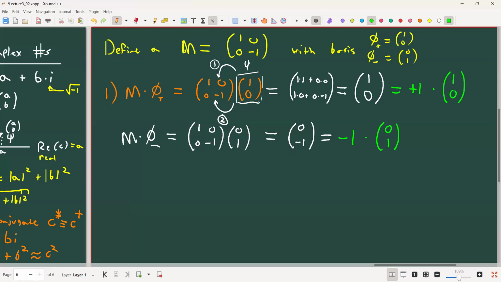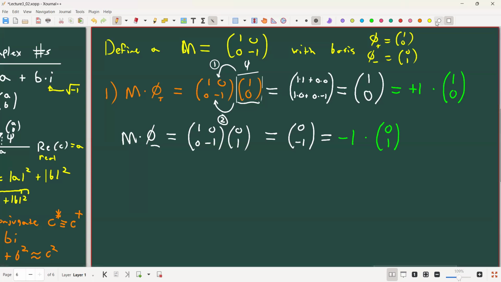So now we have a new structure on the outside. Now what's happening is that it's not rotating the state, but it's returning a scalar. It's in some sense stretching or changing the length of the vector, but it isn't changing the direction. Right? The first one does nothing. It returns the same vector, but the second one multiplies it by -1, right? Which means it changes the whole thing by -1. Not just one of the components, but everything by -1.